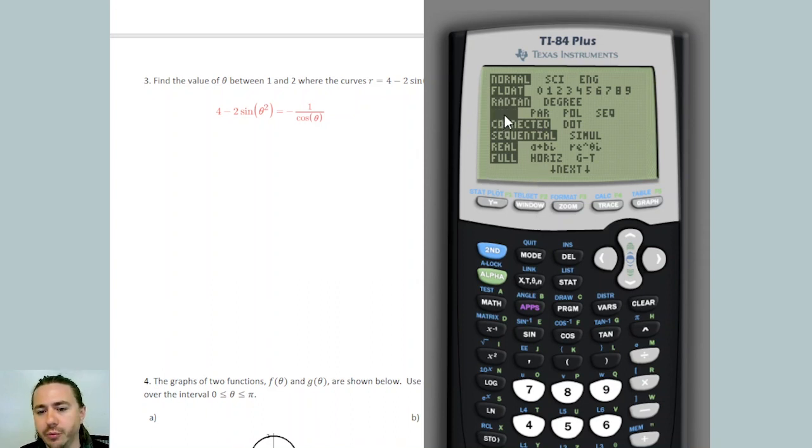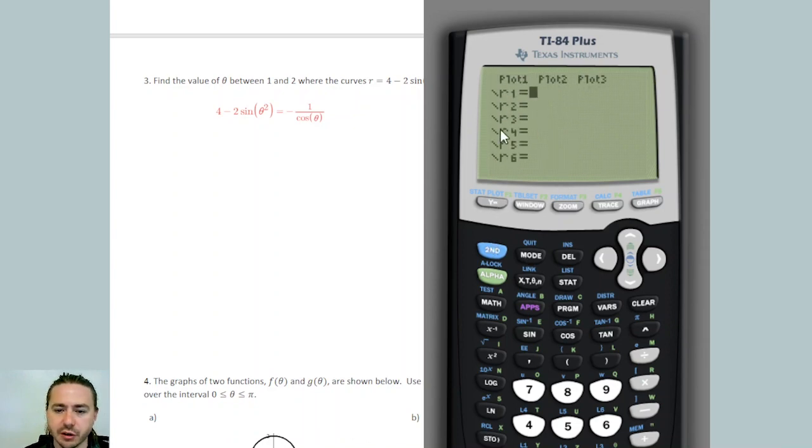So FUNC stands for function mode. PAR stands for parametric mode, which we don't really know anything about yet. The one we really want is this POL, which stands for polar mode. So if I change it to polar mode here and go to y equals, you can see they're all in terms of r equals now. So I can type in these equations that I've got over here.